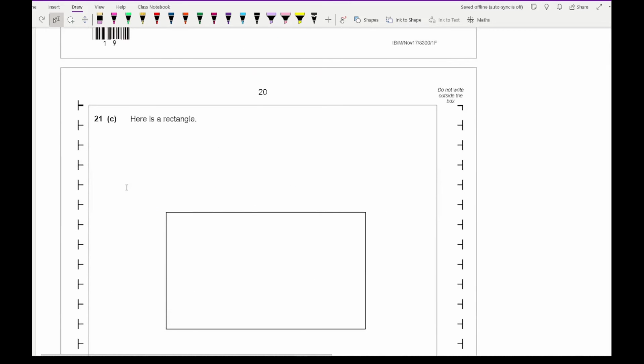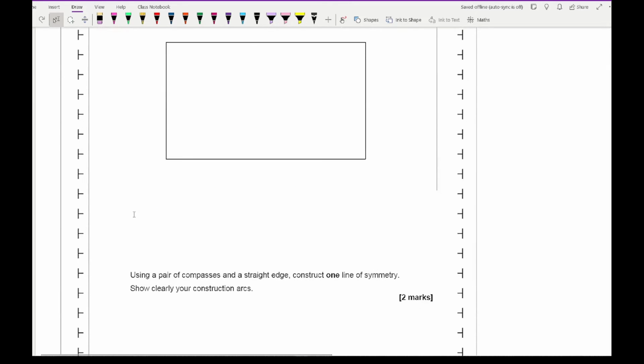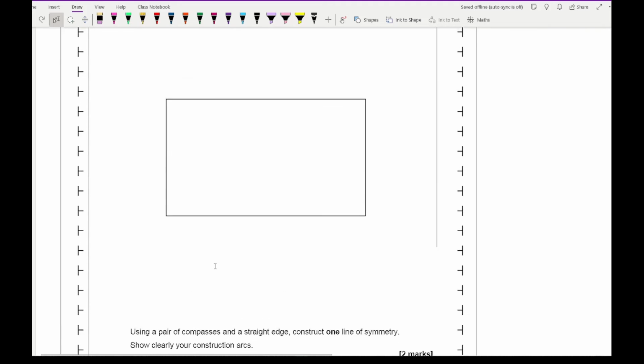For question 21c, it says here is a rectangle. It says use a pair of compasses and a straight edge to construct one line of symmetry. Clearly show your construction lines. Now there's 2 reflection lines we can draw, and we just need to do one of them. So for this line here, set your compass so that it's more than half the width.